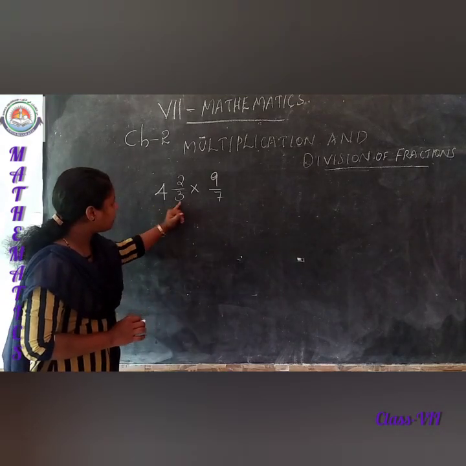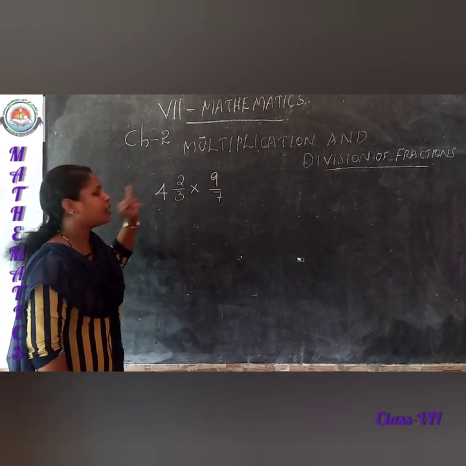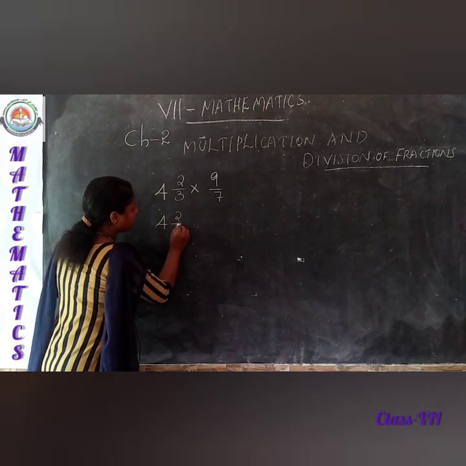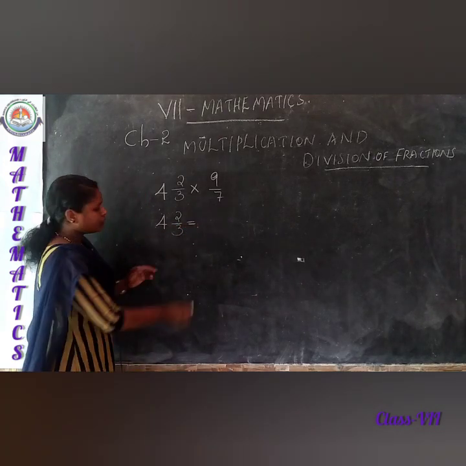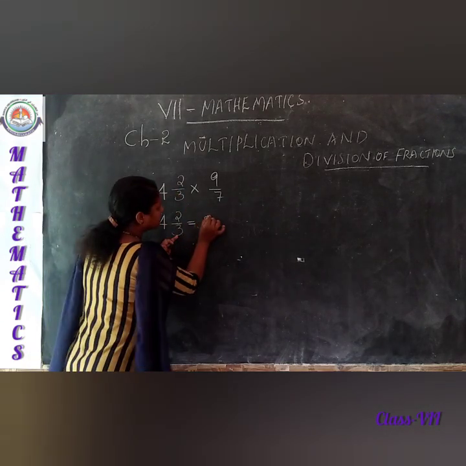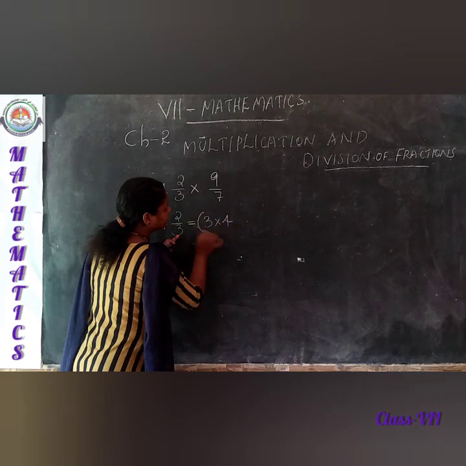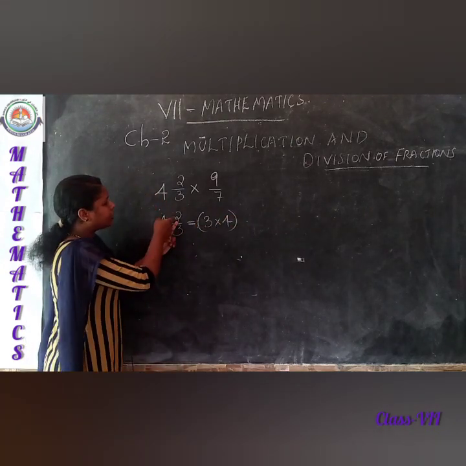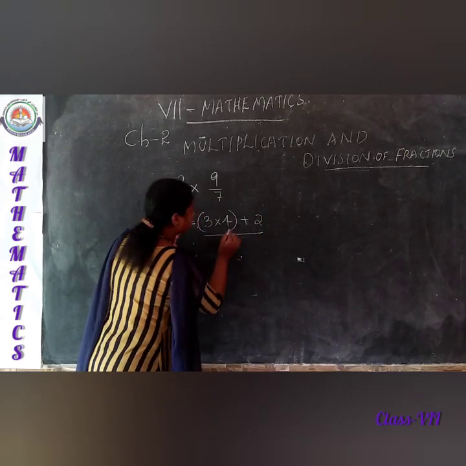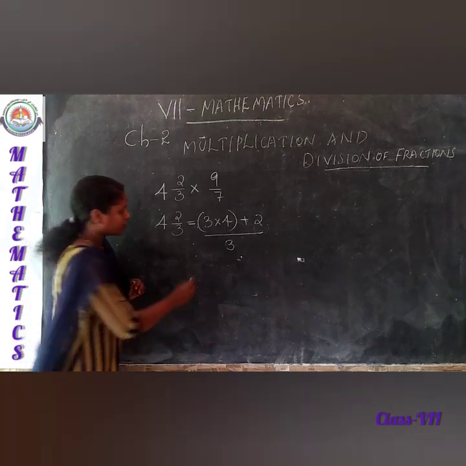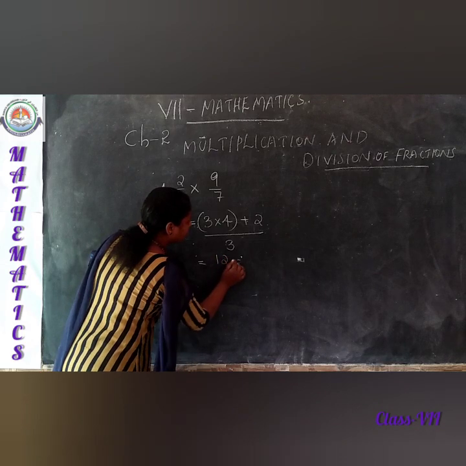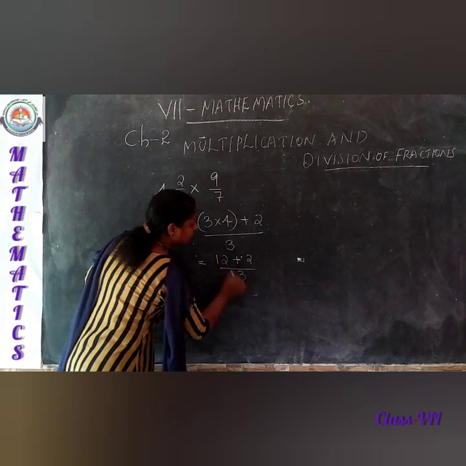We need to multiply the denominator with the whole number part. That is, 4 2/3 is equal to 3 into 4, and add the numerator, plus 2, over the denominator 3. 3 into 4 is 12, plus 2, by 3.